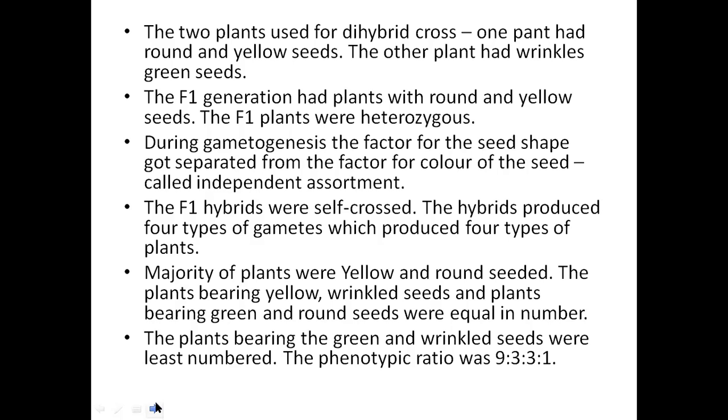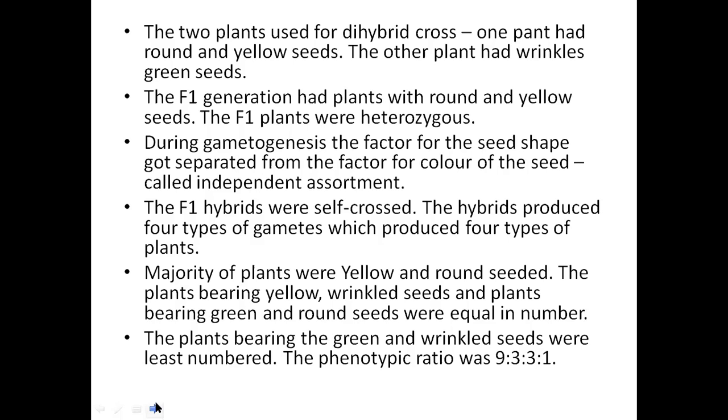That was the conclusion in the F1 generation. Now he went for self-crossing of the F1 generation. You can see here that the F1 generation on self-crossing produced four different types of gametes. Because they produced four different types of gametes, in the F2 generation we obtained four different varieties of plants.